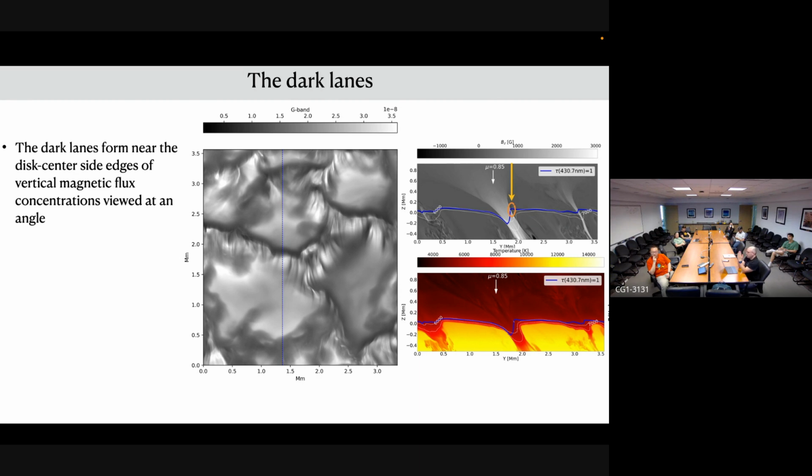But even if it is a little bit outside the magnetic flux tube, the tau equal 1 layer still falls at the lower temperature. This lower temperature comes due to the increased radiation into the flux tube from the surrounding area. Okay, and this is why we are getting dark lanes.